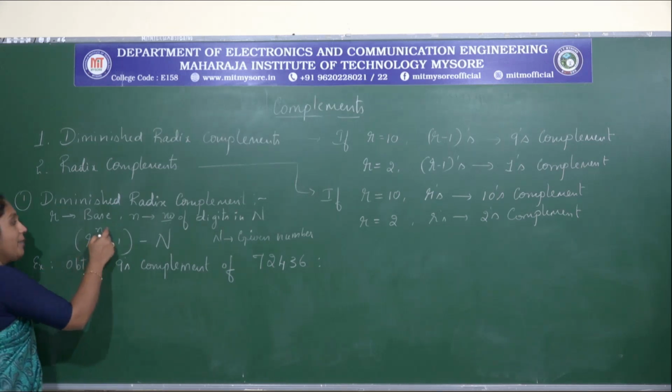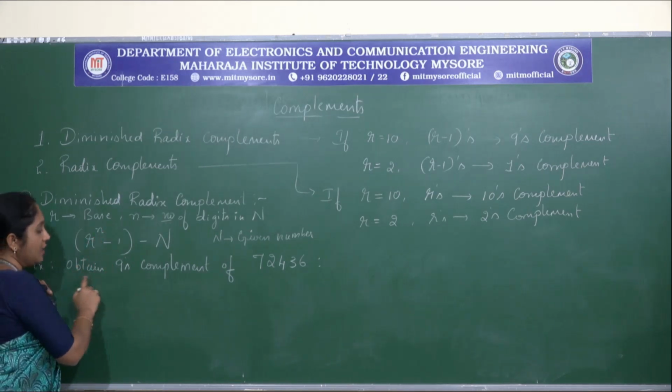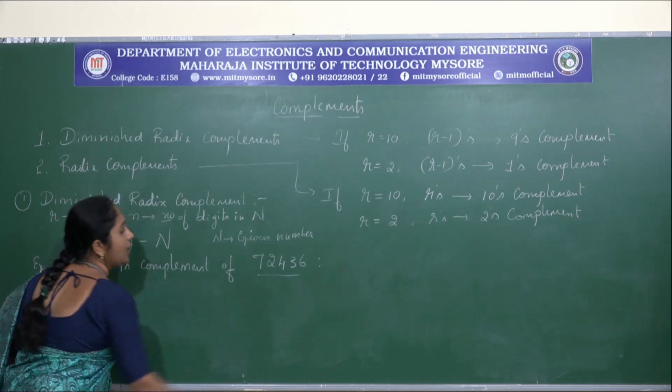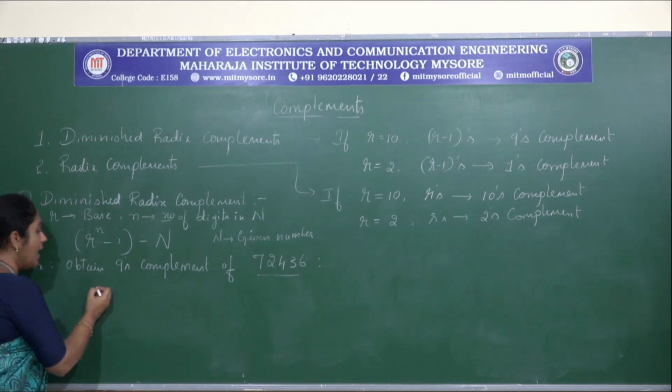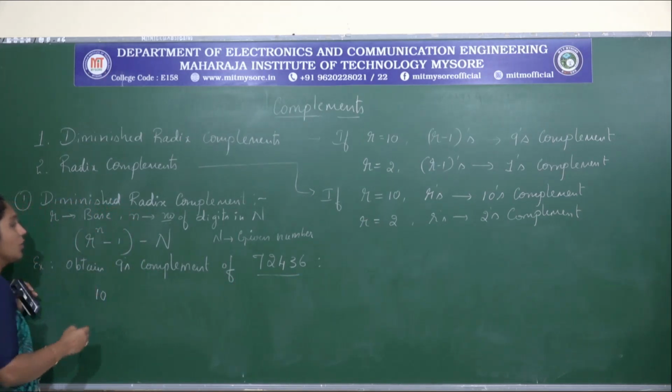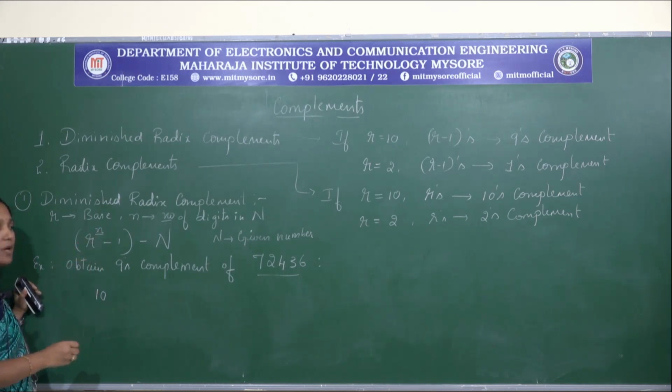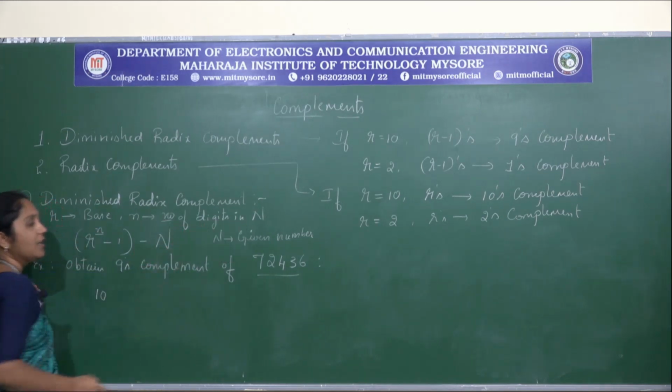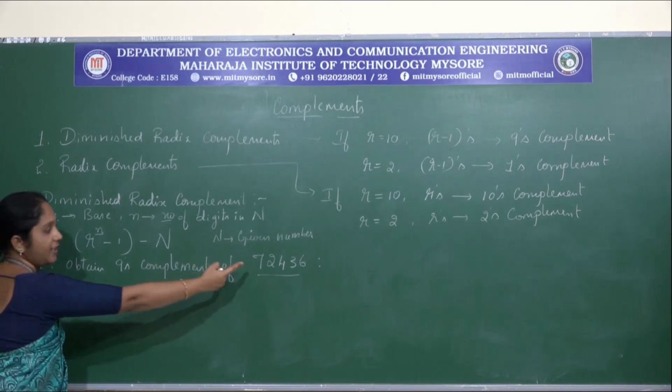In r to the power n, what is r here? Since the number is given in the decimal number system, the base r is 10. Small n is the number of digits in the given number. How many digits are there? 5 digits.